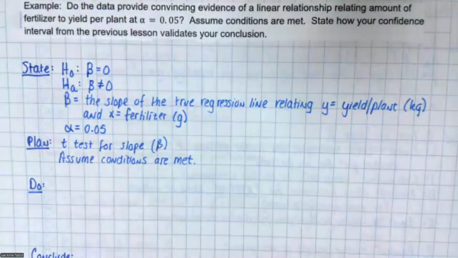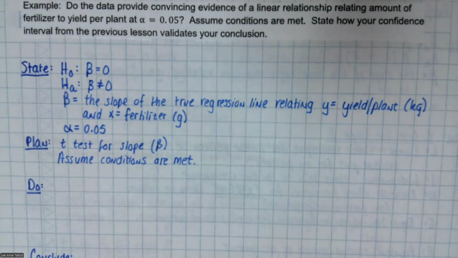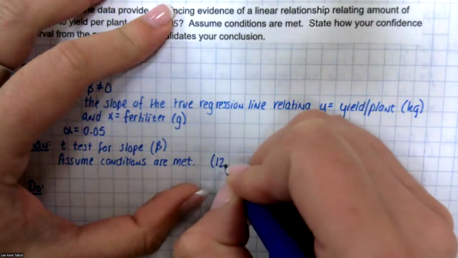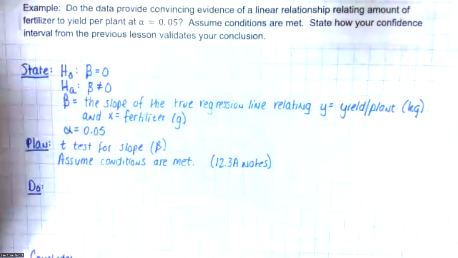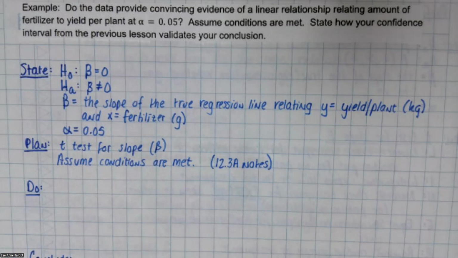If you get a problem that says assume conditions are met, you should have like an entire little personal party, because that's a lot of work. However, just because this is notes, just make yourself a little note that you can find the conditions in your 12.3a notes, just in case you want to see them. We already did them last Tuesday.